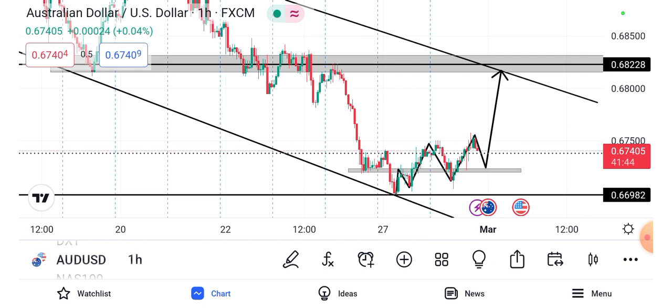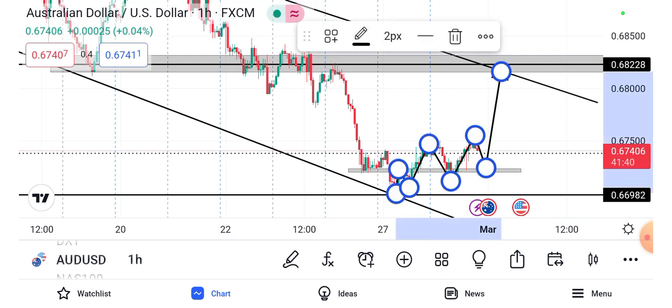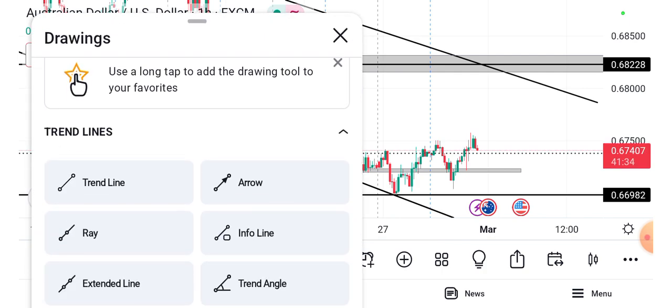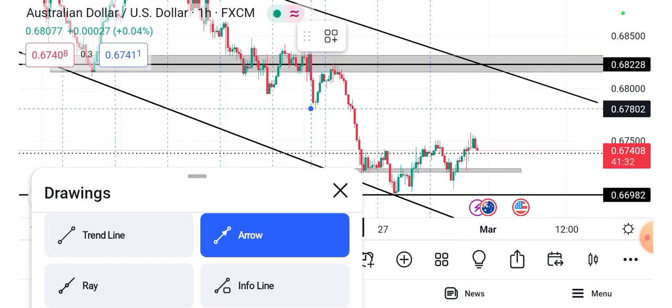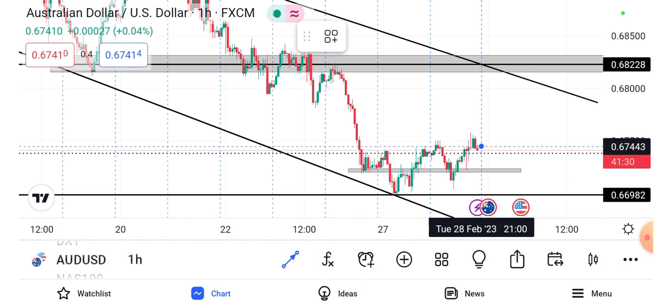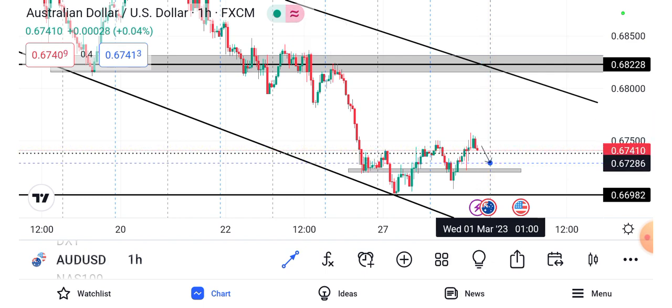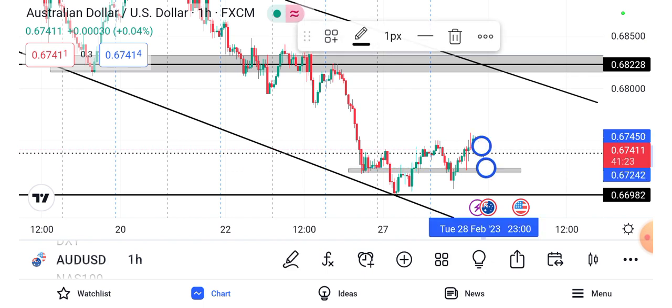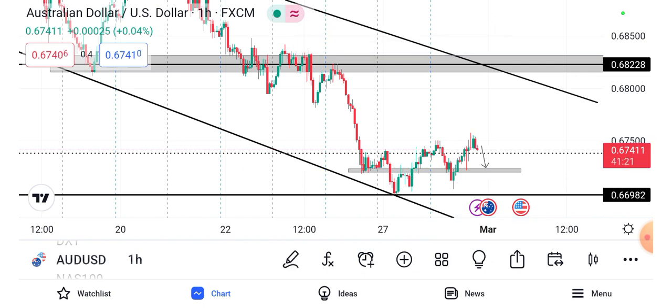There are so many touches, and it has also rejected on the same level. So basically what we're looking for right now is for this pair to actually sell to this level right here, and finish up creating the shoulder.